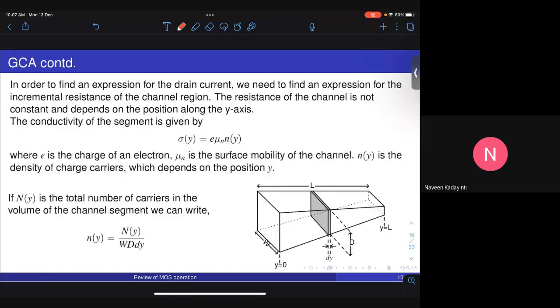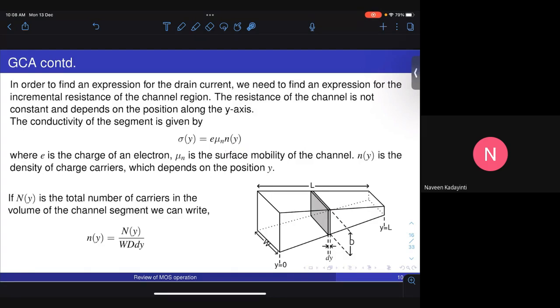So how did we find the expression for the incremental resistance? First we looked at the conductivity of the small segment that we considered here. That conductivity is given by mobility into the charge of an electron into the density of charge carriers n of y in that segment.